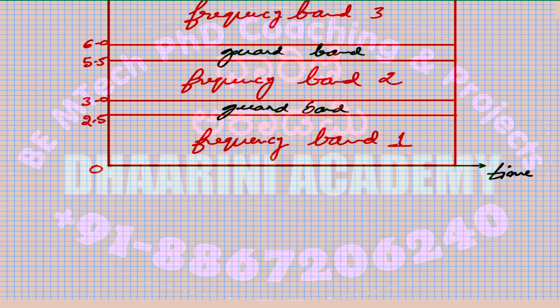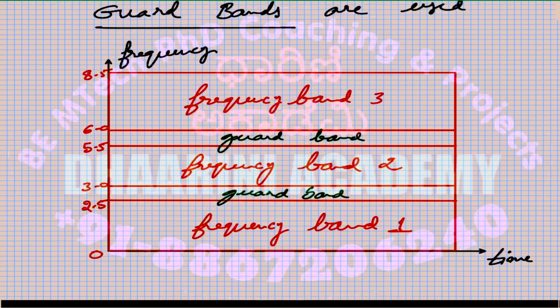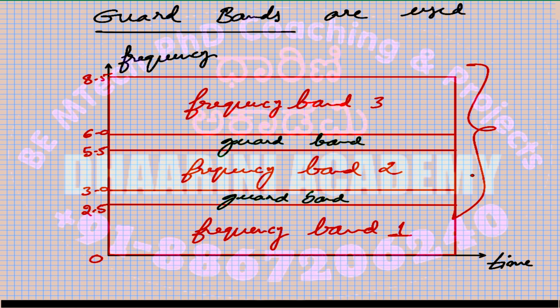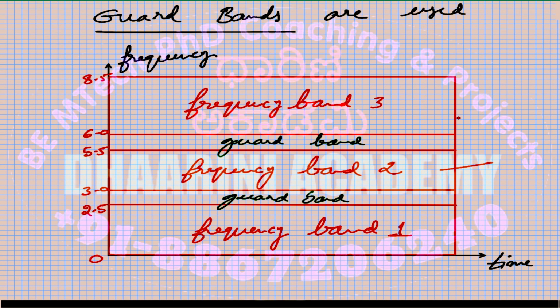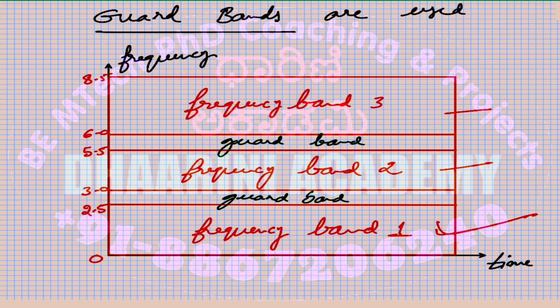This whole thing will be a channel. All three bands together will be sent as a channel to a satellite. The satellite will pick up the whole thing, so this data and this data should not reach the intended person. Only this message should reach.